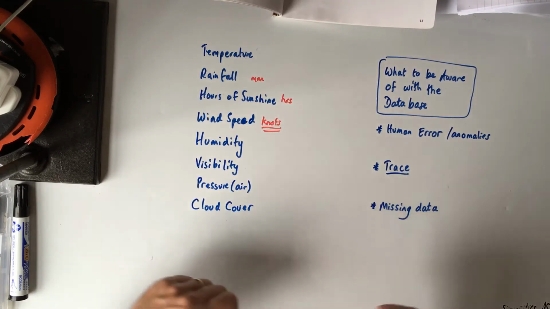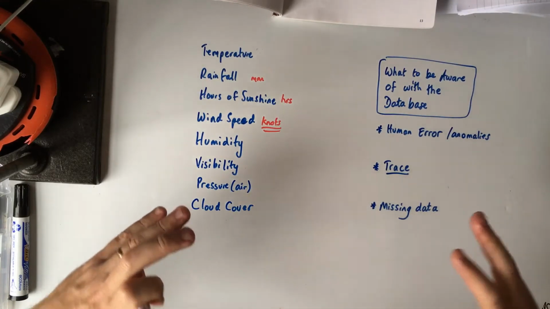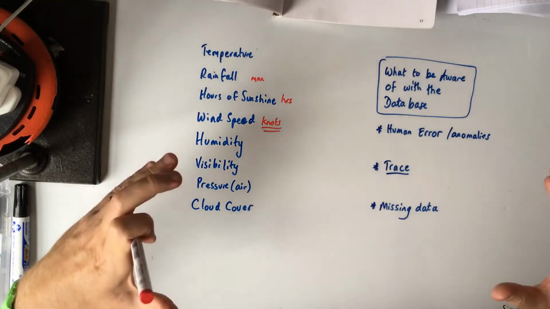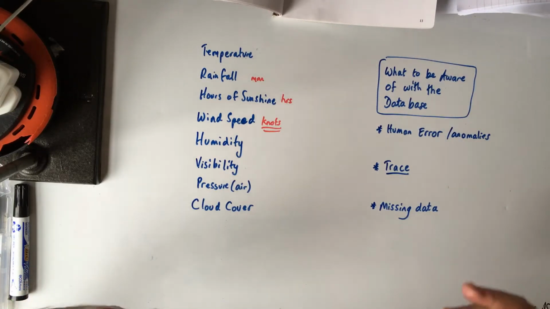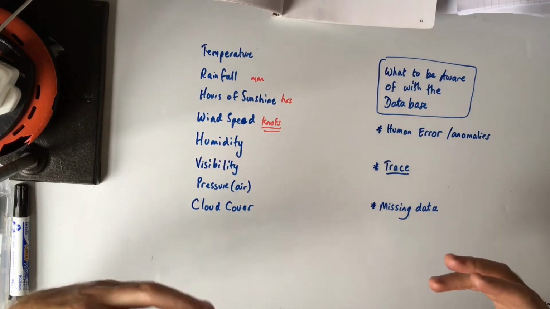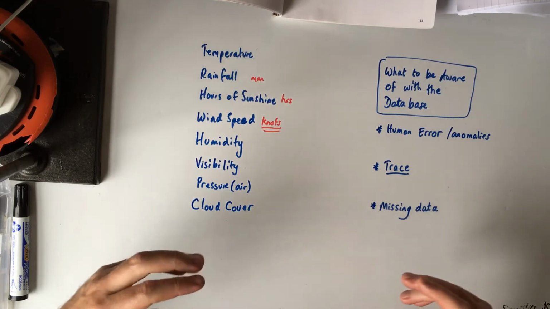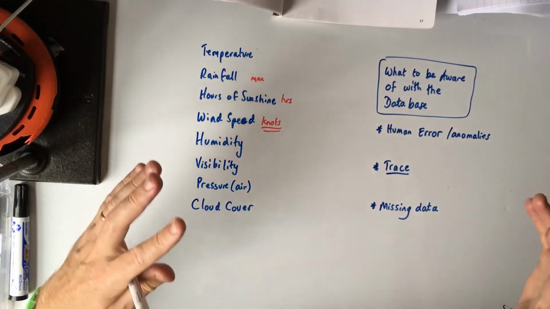But very similar. Humidity is in percentage. So when the air holds the most water it can, you may have been to the tropics where it's sort of sticky, or summer days when it feels very humid in the air. When the air is holding its maximum amount, that's called 100%.